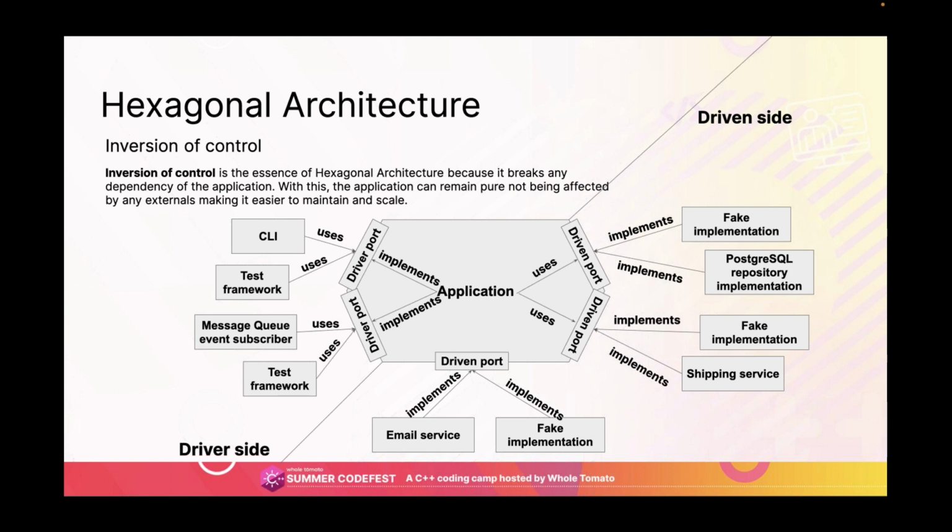So basically, all our business logic inside the application will implement our abstract class, while the driver adapter on the left will use our driver class, but on the right it is a little bit inverted. Our application will use our driven port, but then our implementation will implement the driven port. And this is how we can communicate with our application and make sure that it will work no matter what.